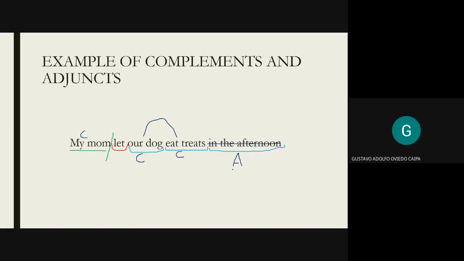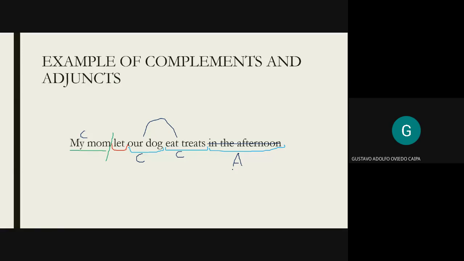We can say in general terms that elements of the sentence that talk about the time or the place of an action are normally adjuncts, except for the ones that imply movement.